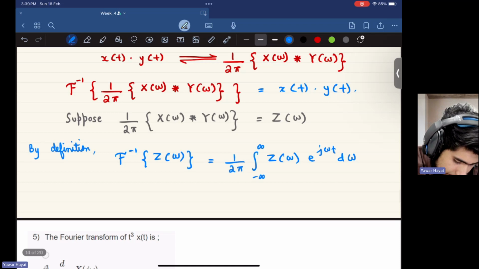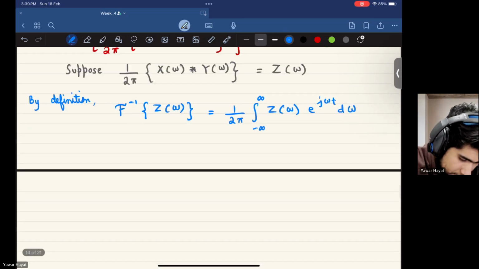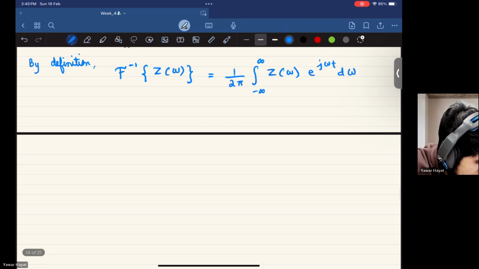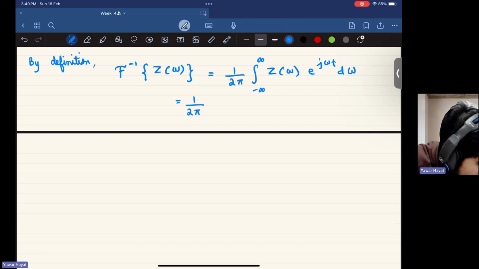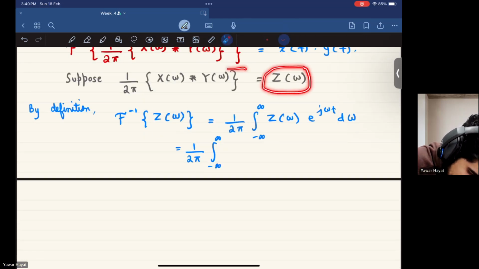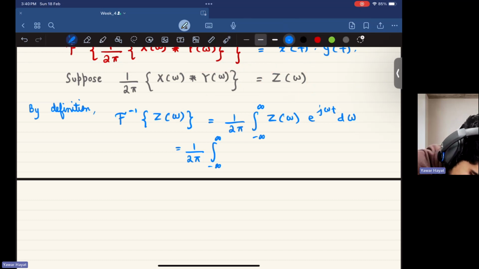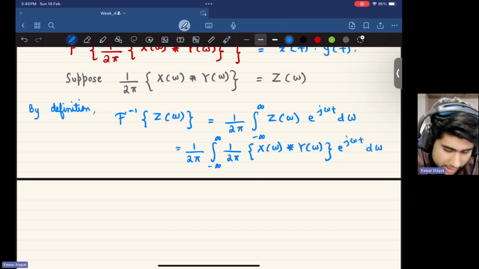So now let me use another page. One over 2 pi, integral from minus infinity to infinity, Z of omega is this, right? 1 over 2 pi X of omega convolution Y of omega, then e to the power j omega t d omega. Is that clear?